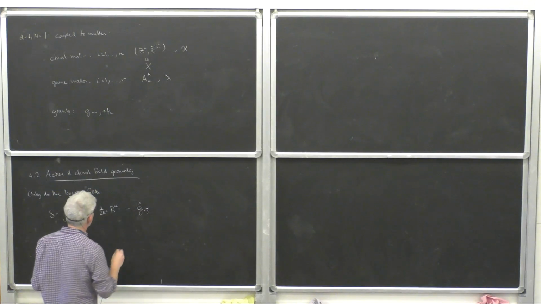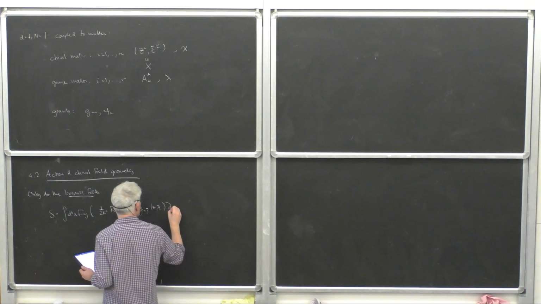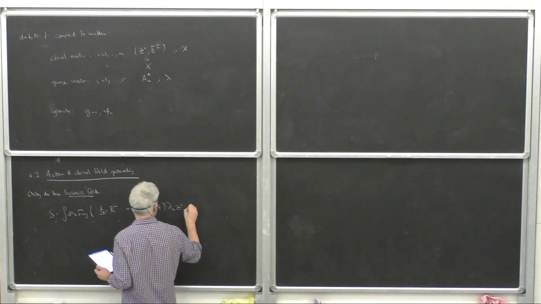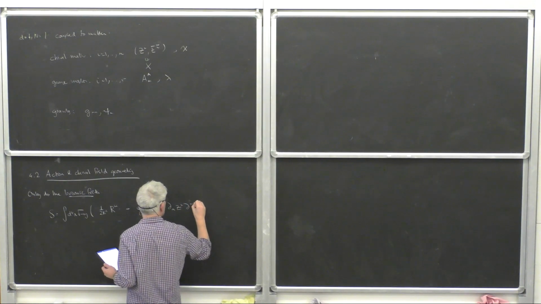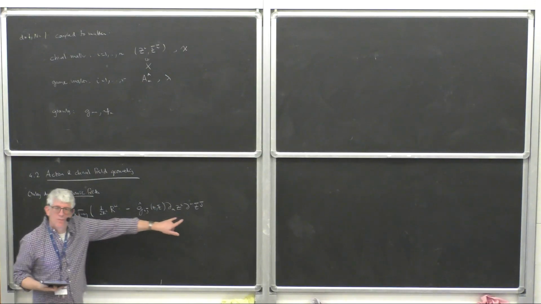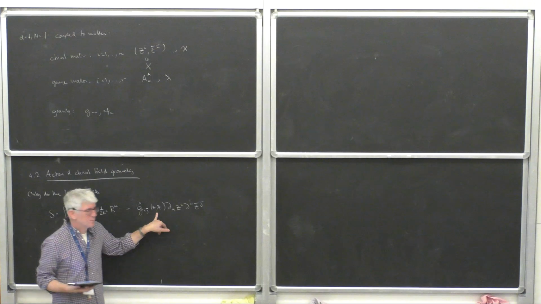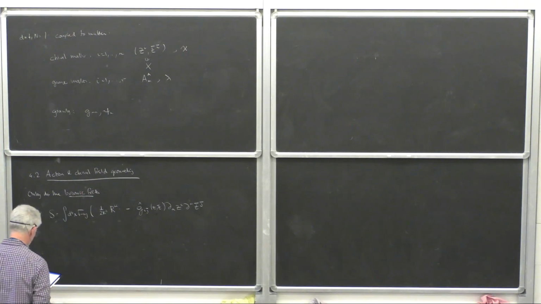This is a function of the fields, and it controls the kinetic energy term of the fields. But it's not standard, it's got some extra dependence. That's what's usually called a sigma model.